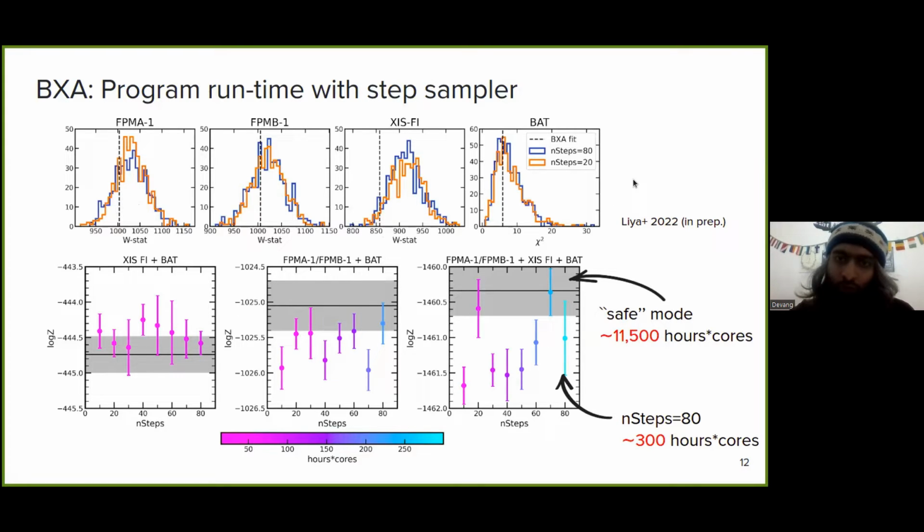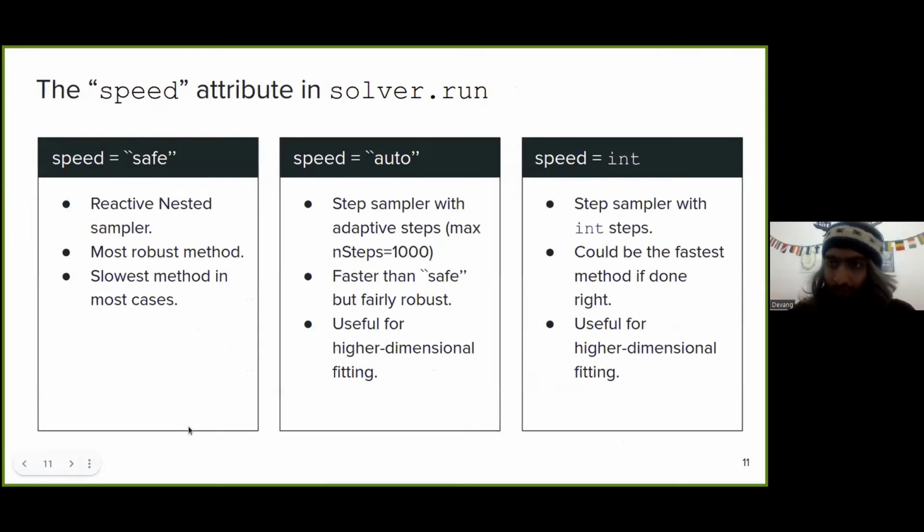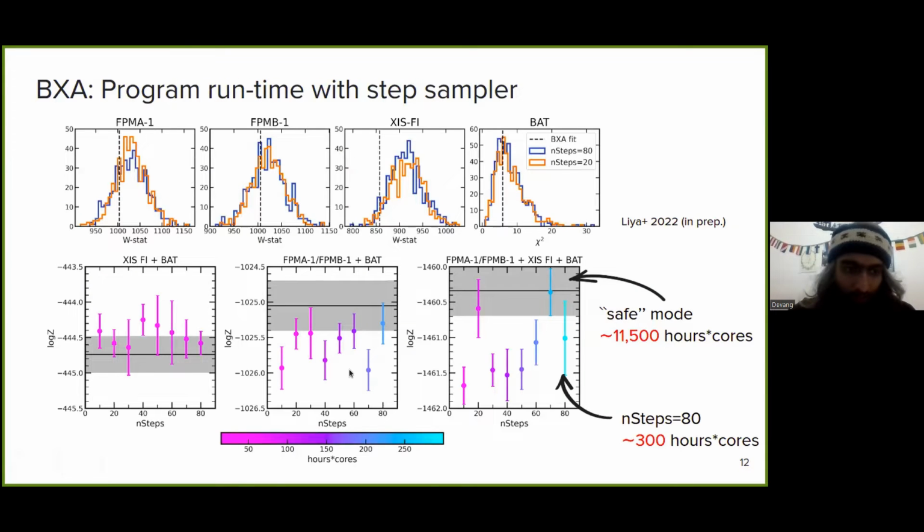What we want to do is compare models, and to compare models, we need the Bayes factor, which is calculated by BXA. And if you see in this plot, you have the Bayes factor for different values of speed equal to integer. So for these different integers, you have Bayes factors which are different.